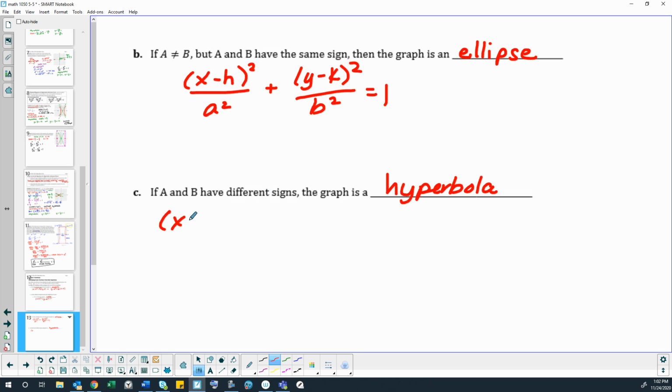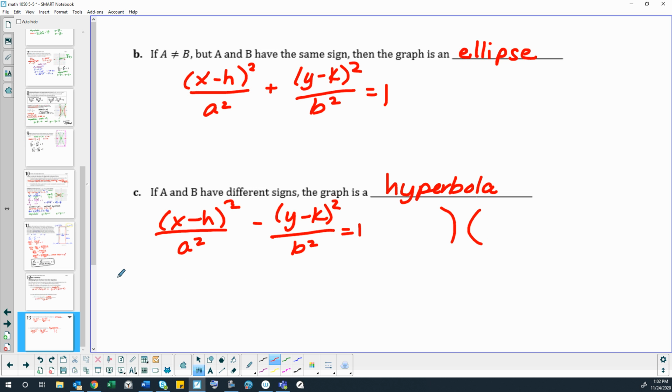And when we get those into standard form, we end up with either x minus h squared over a squared minus y minus k squared over b squared equals 1, and that's for our horizontal hyperbola. Or we can have y minus k squared over b squared minus x minus h squared over a squared.